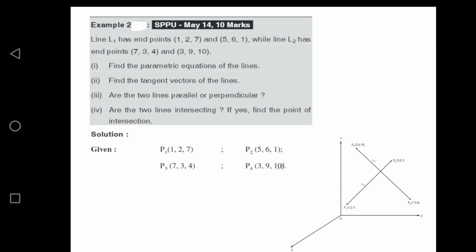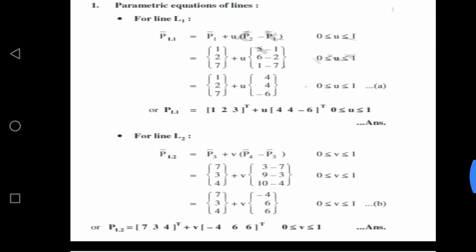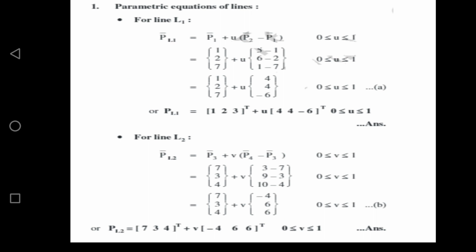So first, let us find out the parametric equation of the lines. Let's go for the first line L1. For the first line, the parametric equation is PL1 bar equal to P1 bar plus u into (P2 bar minus P1 bar). This is simple.